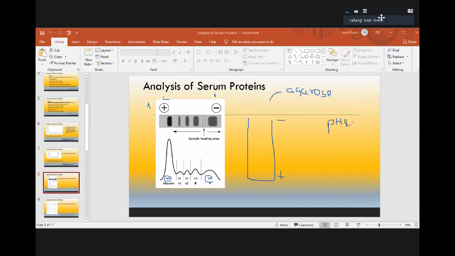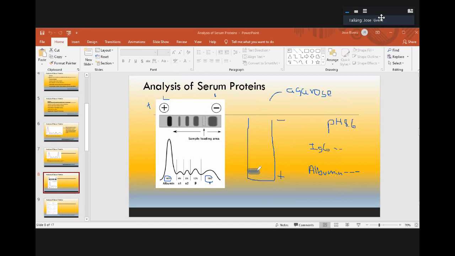all the proteins are negative, but because albumin has a lower pI, and I don't remember because I don't memorize the pI. Albumin has a lower pI than the IgGs. Okay, so IgG has a higher pI. So for this reason, albumin is more negative than the IgG, and so the albumin migrates faster because it's moving to the positive charge.